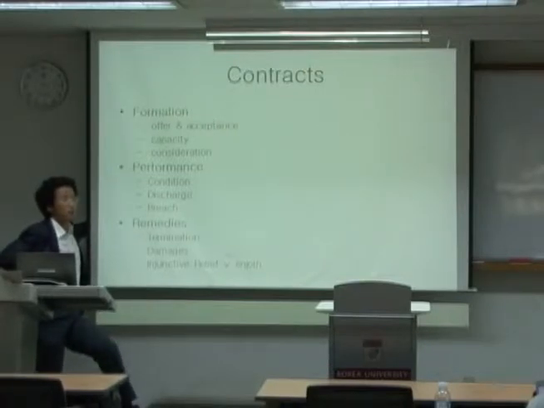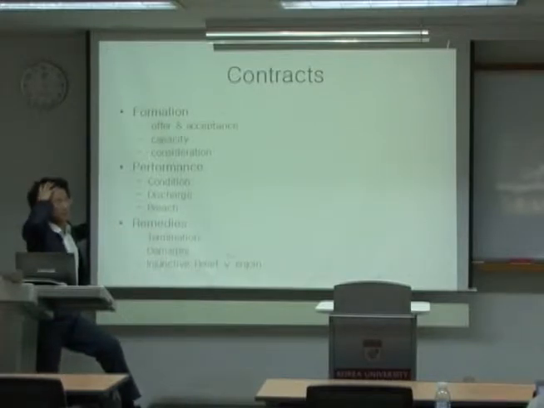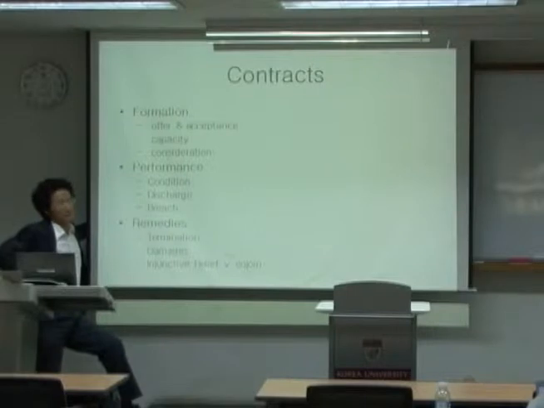So there are people who don't have capacity to enter into contracts. Who are they? Minors. And? Yes. And sometimes people in prison. Okay.